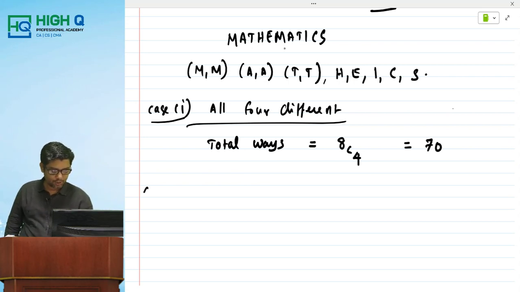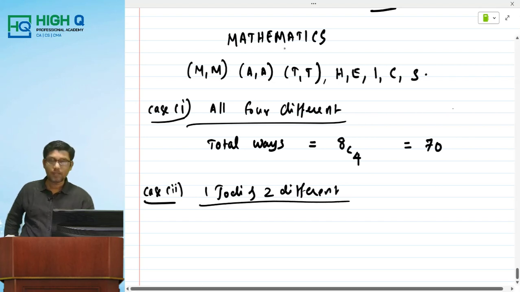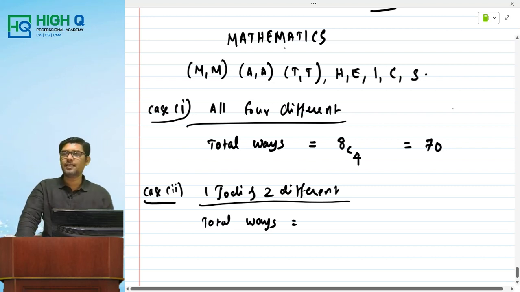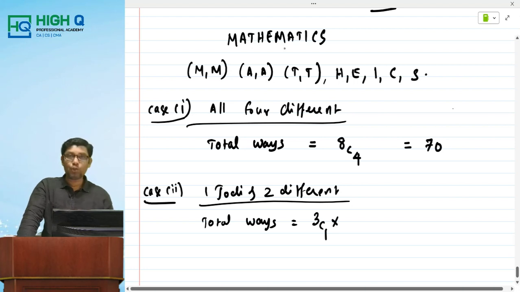Now, what is case 2? 1 pair, 2 different. Now, total ways. So, total how many pairs are there? Out of 3 pairs, how many pairs to be selected? So, is it 3C1? And 2 different now.